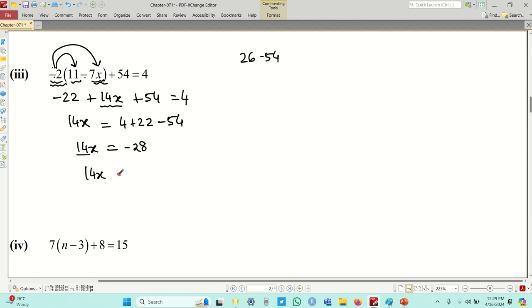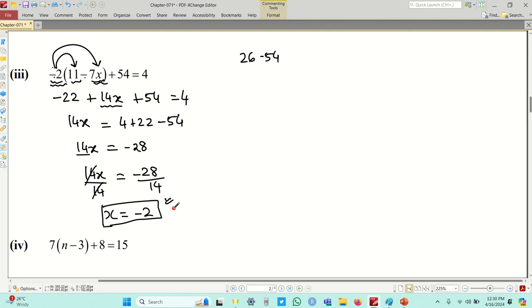So divide by 14 on both sides, then you will see the answer. Divide by 14, divide by 14. Now 14 cancels. So x equals how much? Minus 28 upon 14. The answer is minus 2. 28 divided by 14 is 2. So x is equal to minus 2 is the answer.